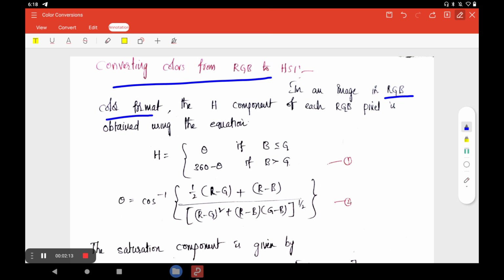Now if you want to represent the same colors in the HSI model, that means hue, saturation, and intensity.